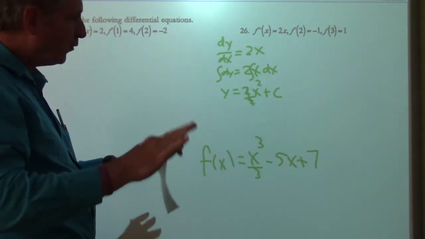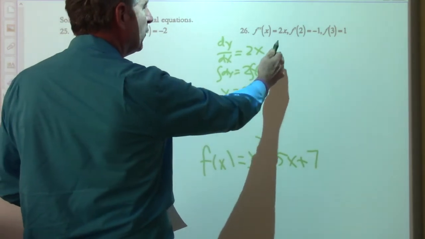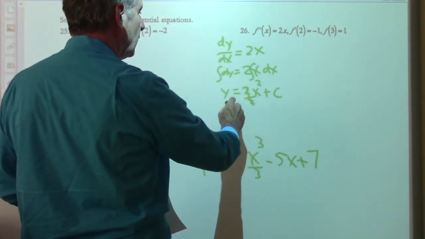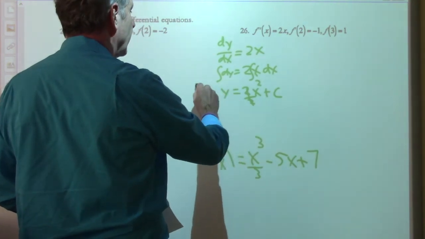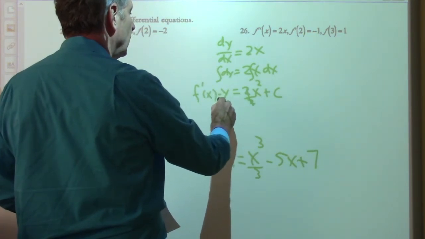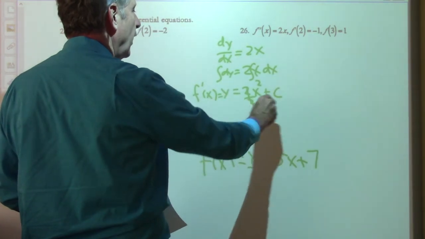Right? So we're canceled right here. And now, what are we going to do with this one? We're going to change this to f prime of x, right? Here's your f prime of x formula there, which equals y equals that.